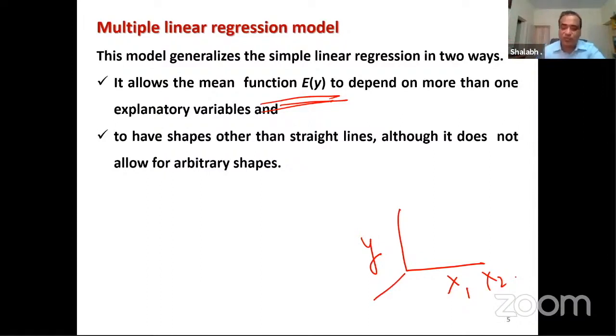With one variable this was a straight line, but with two variables it may become a sort of surface, and in 3-dimension a sort of volume, etc. So beyond a straight line, you can consider different shapes of relationships.